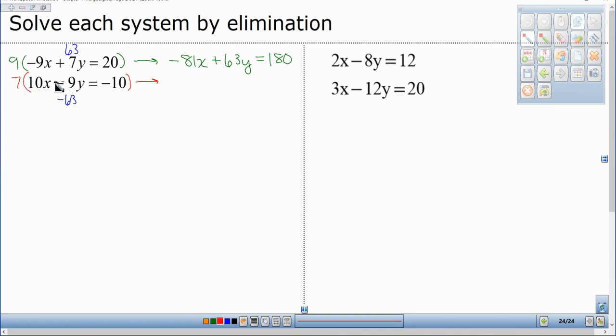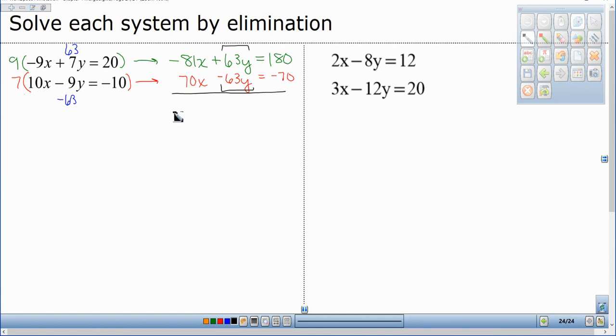If we do it with the 7, you will get 70x, negative 63y, and negative 70. Hopefully we created this additive inverse relationship that I was looking for.